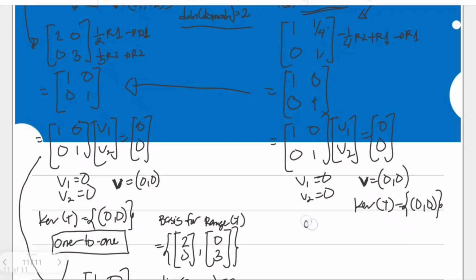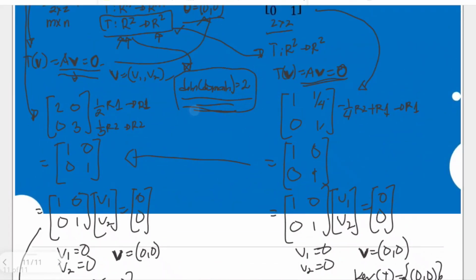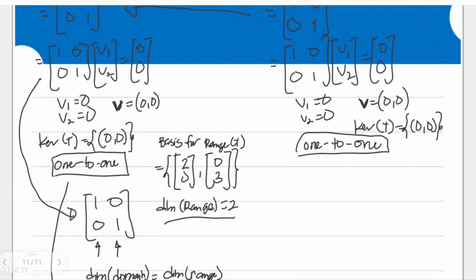In short, the second matrix also shows a one-to-one linear transformation. Okay? For the basis, we still have the same domain. The basis will again use the same reduced row echelon form, 1, 0, 0, and 1.